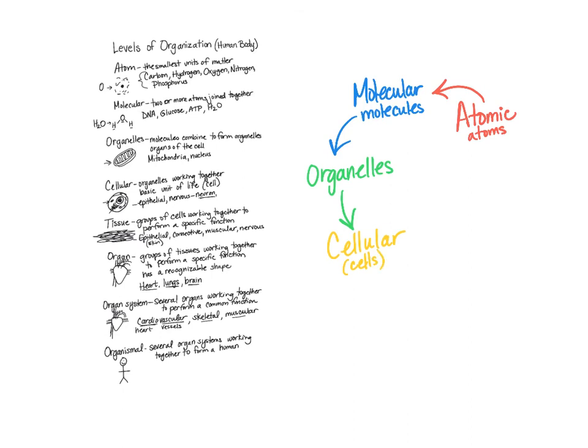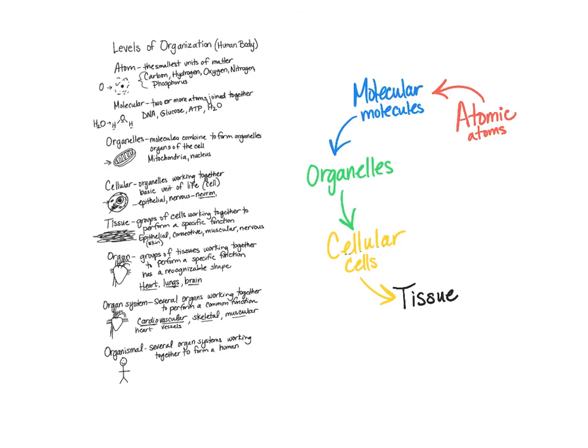Actually, I'll erase that part there. There we go. Our cells. Then we have several cells that are going to be coming together. When our several cells come together, then what we get are our tissues. So some examples of some tissues are our connective tissue, muscular tissue, things like that.